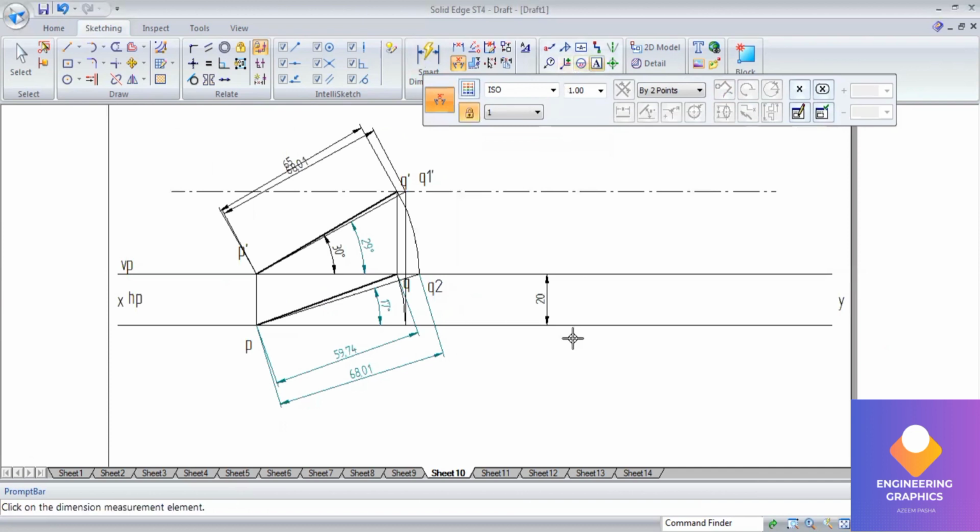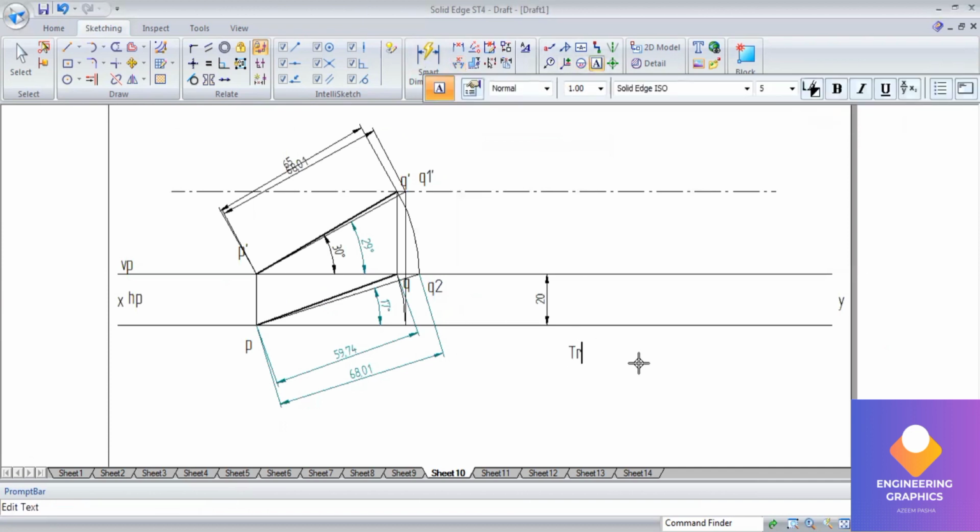Now we can mention the true angles of inclination. The true length is 68.01 mm. That's what we have to find out in the question. And then the true angles: in front view it is 29 degree, in top view it is 17 degree.